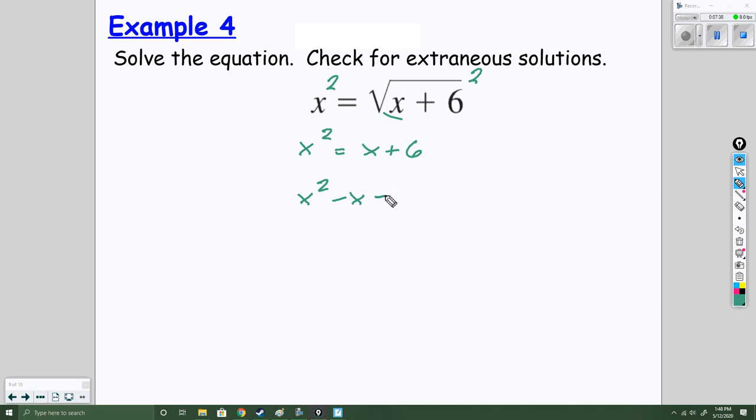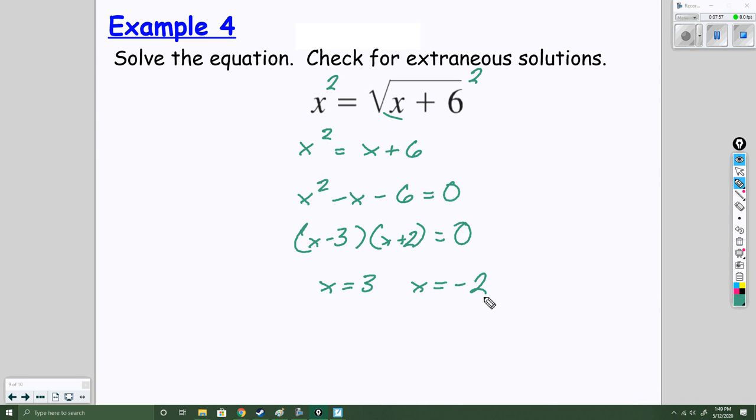So subtract x and subtract 6, and then factor if we can. This is factorable, so we get x minus 3 times x plus 2 equals 0. And if we set each factor equal to 0 and we solve, we get 3 and negative 2.